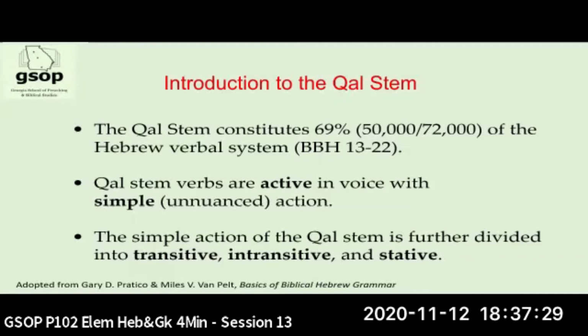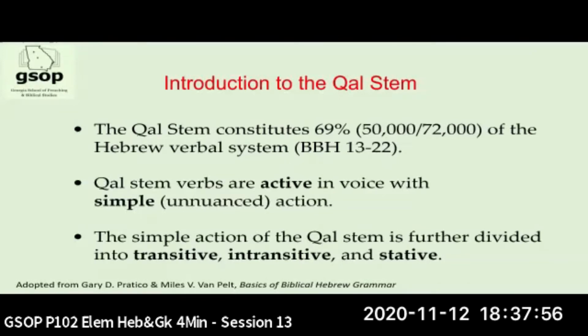Once you get that down, the others become pretty straightforward. The call stems are active in voice and simple in nuanced action. The simple action of the call is further divided into transitive, meaning the verb is transferring action onto the direct object.